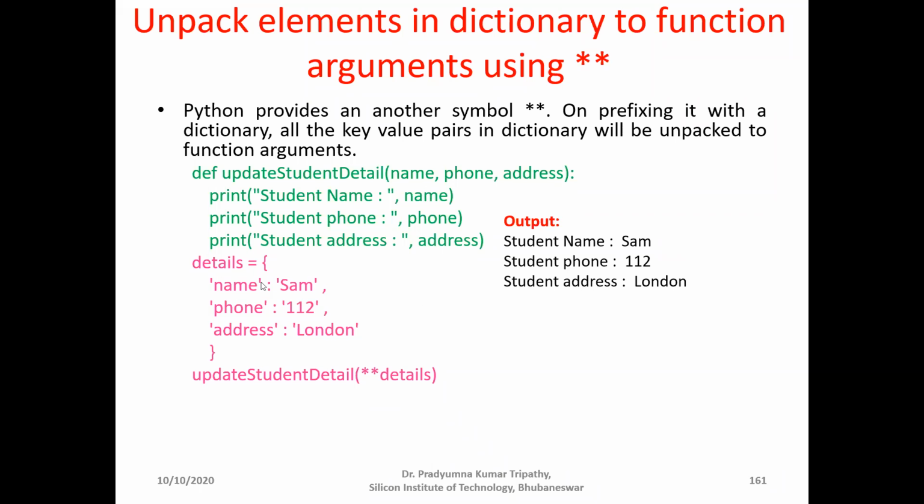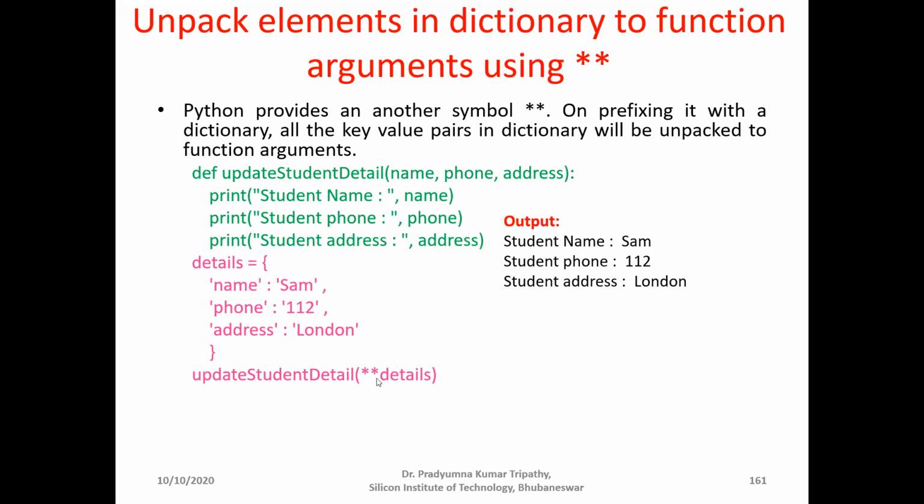The details, name, Sam, phone, address, are being received over here: the first one, second one, third one. So if I print name, then it will print what? The value of name is Sam. Value of phone is 112. Value of address is London.